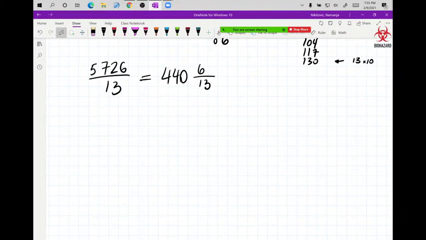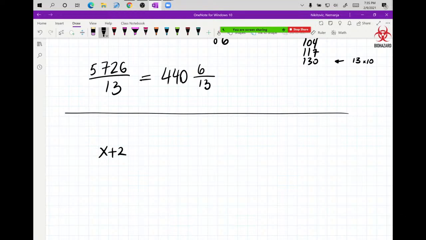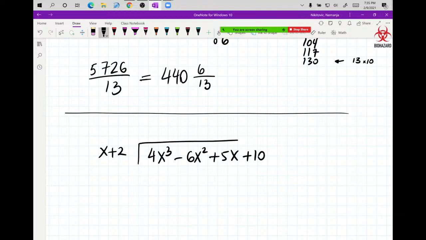So to take a look at the division of polynomials, let's divide x plus 2 into 4x cubed minus 6x squared plus 5x plus 10. All you need to look at to start off are the leading terms of both of the values.